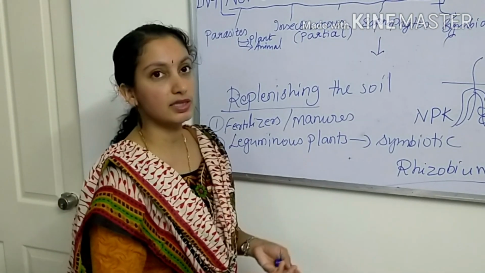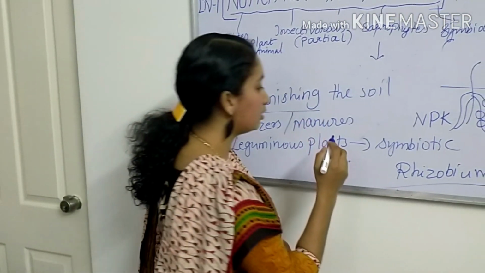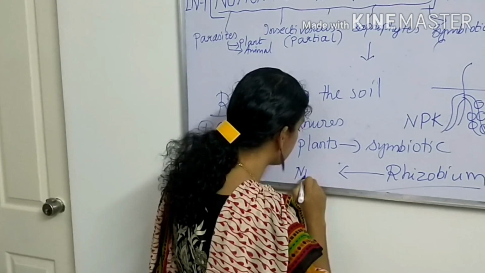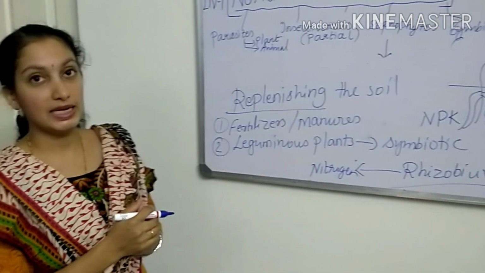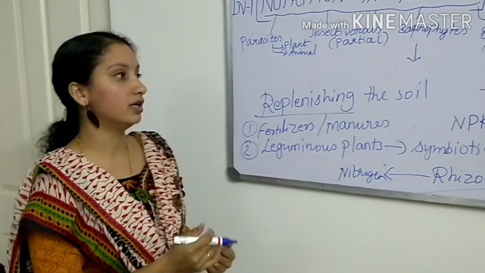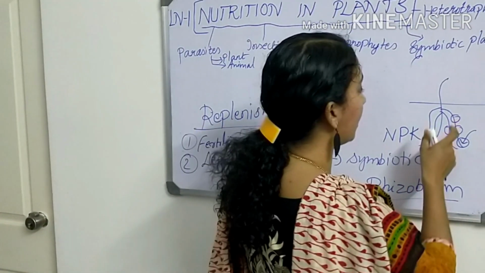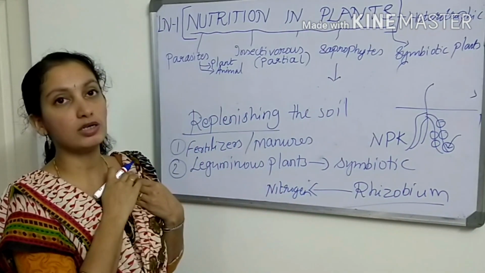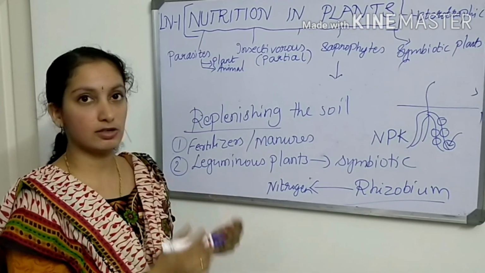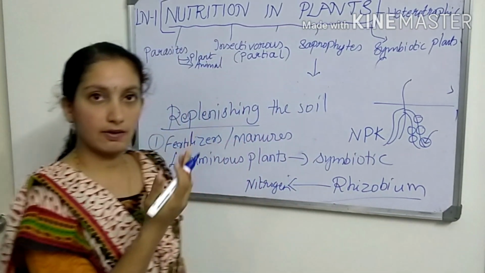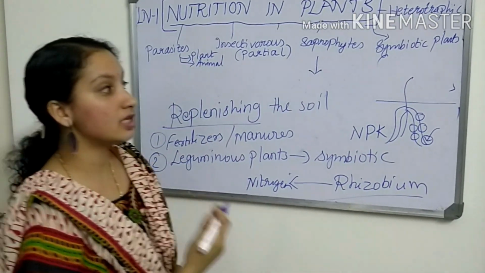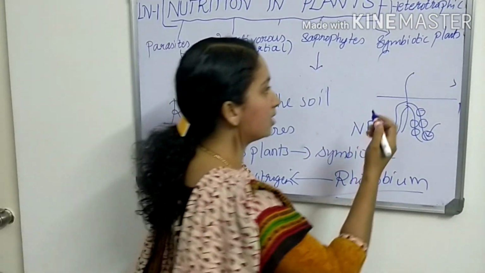So what is given by this rhizobium? Nitrogen. This rhizobium is supplying nitrogen to the plant in the soluble form. How? This legume plant cannot take nitrogen directly from the air. The air contains 71% nitrogen, but it cannot be used by this plant.